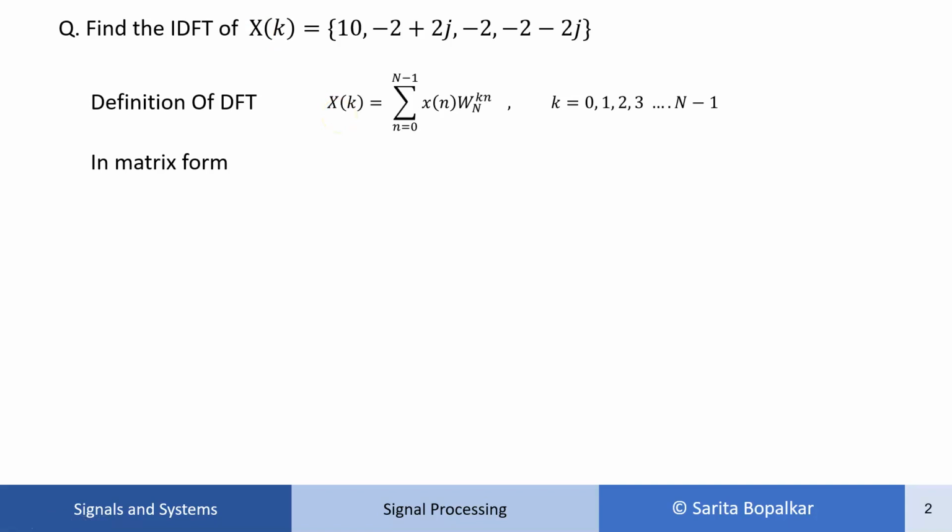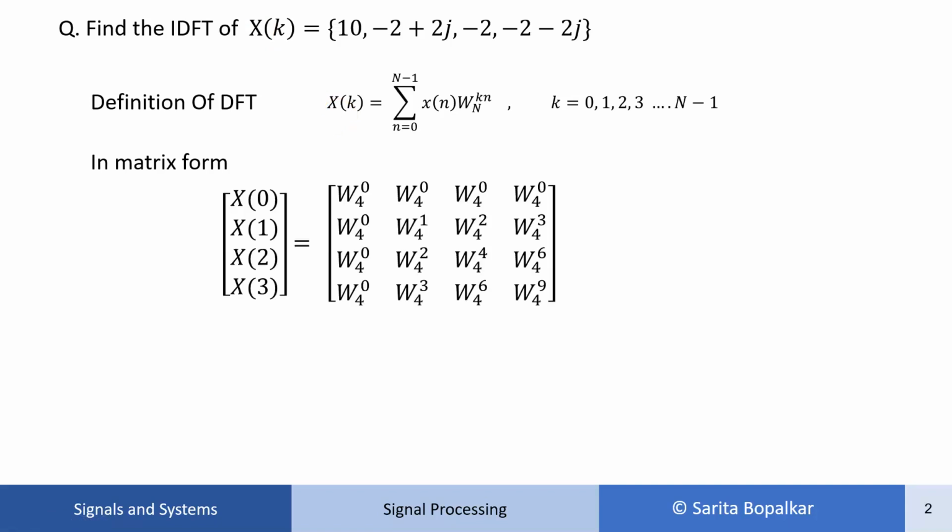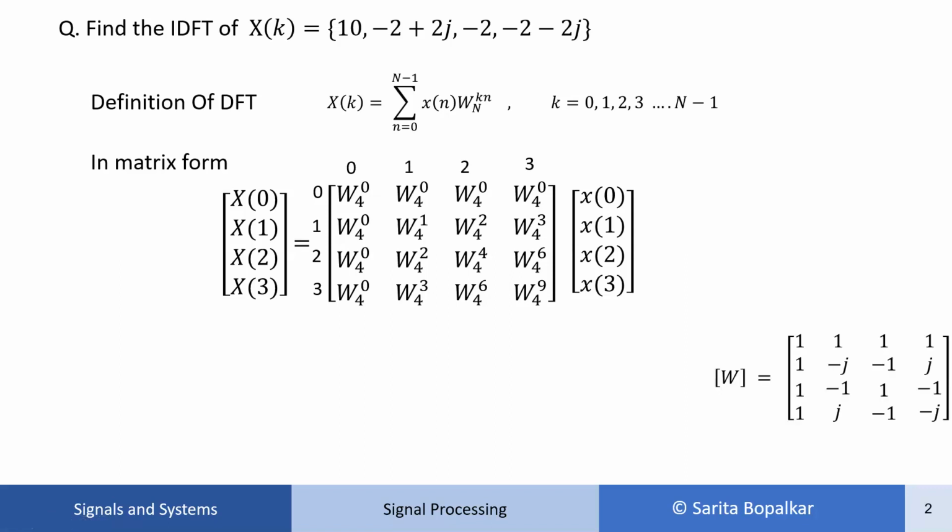In matrix form, this is X(k) which is given to us, this is x(n), the time domain sequence, and this is our twiddle factor matrix. We know how to find the values of W_4^0, W_4^1, W_4^2 using row and column indexing.